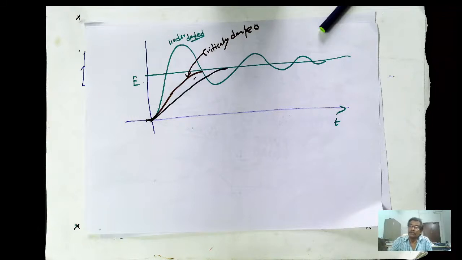You push the door and release your hand. That means you have given some energy into the system. If it is an underdamped case, then the door will swing plus minus plus minus, and finally, eventually it will come to zero.